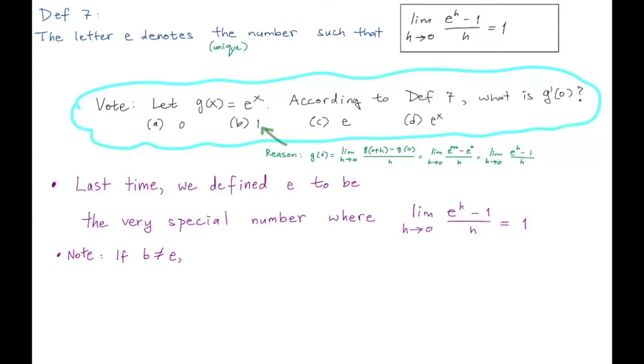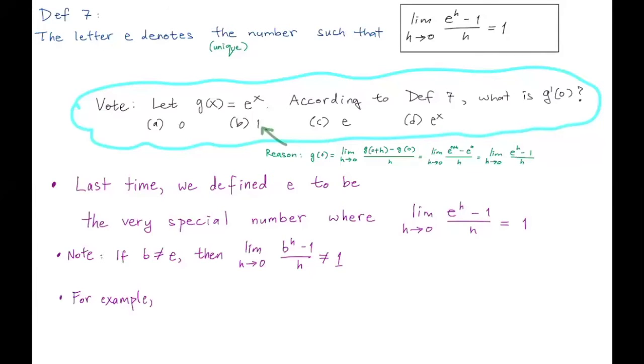If b is a number which is not equal to e, then if you compute the limit as h approaches 0 of (b^h - 1)/h, it is not going to be 1, because this is only true when this number is e by definition.